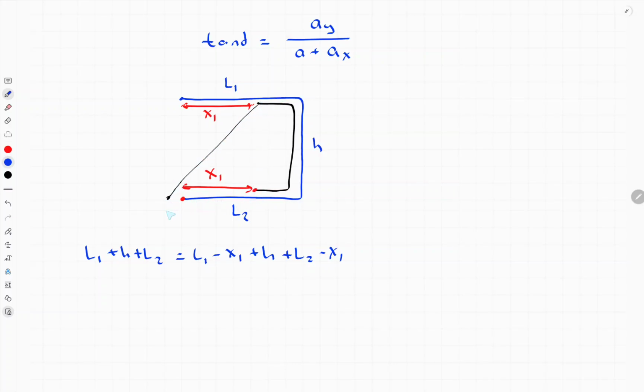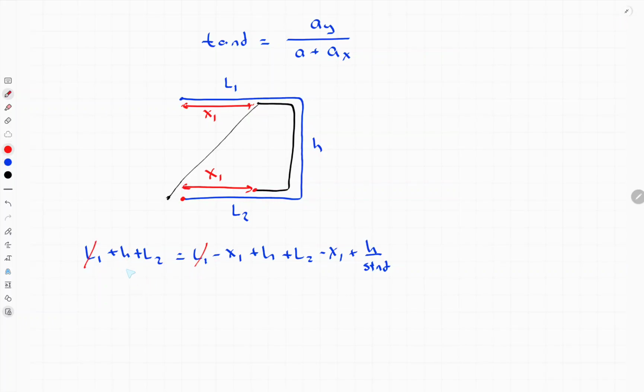according to this right triangle, this part is h, and this angle is alpha. So this length equals h over sine alpha.